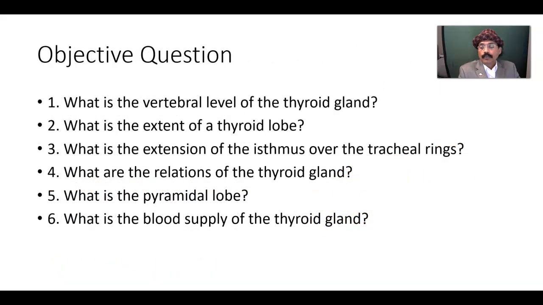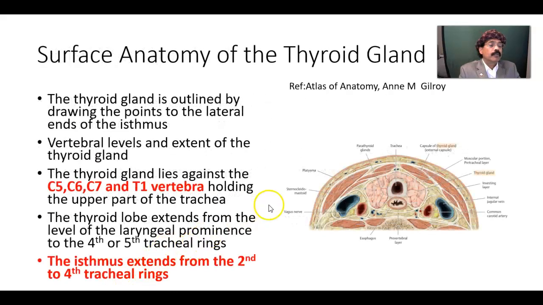Okay, so to find out some of the relationship of the thyroid gland, we have the parathyroid gland posterior to the thyroid gland. Okay, and thyroid gland is overlapped by the sternocleidomastoid muscle. It is overlapped by other muscle like that of the infrahyoid muscle, like that of the sternohyoid, sternothyroid, or even partly by the omohyoid muscle.